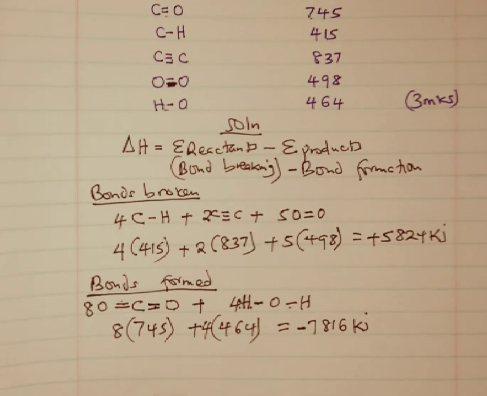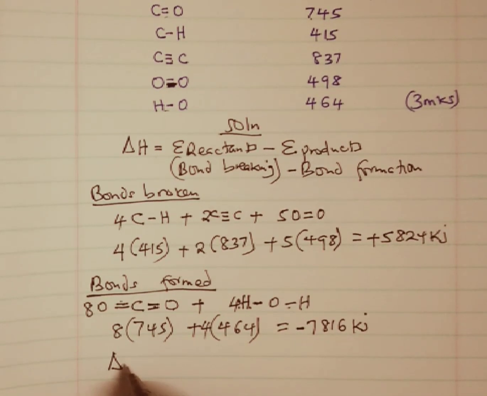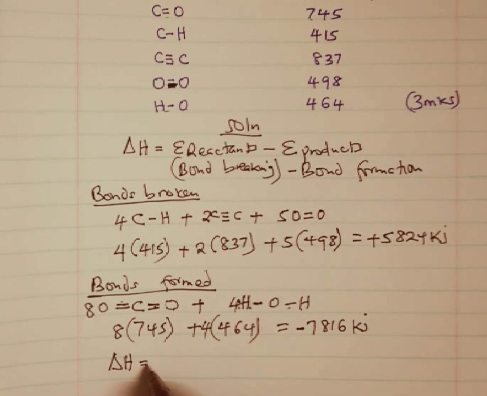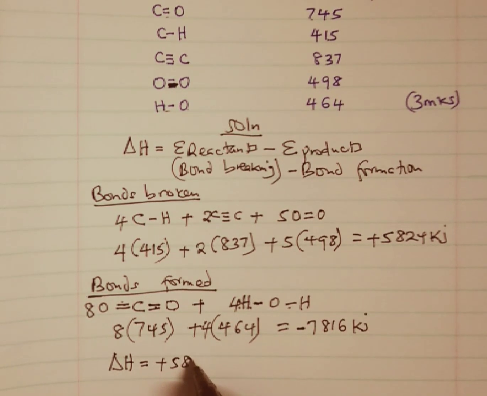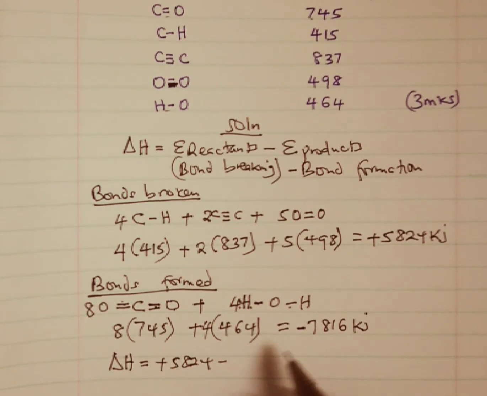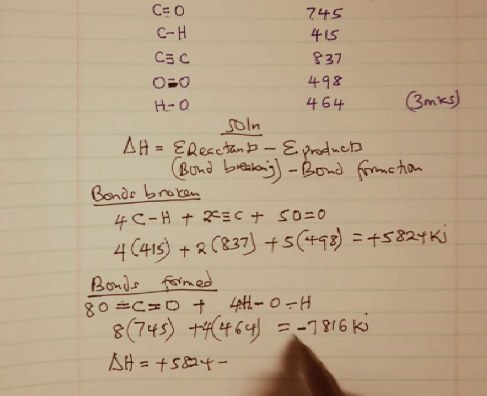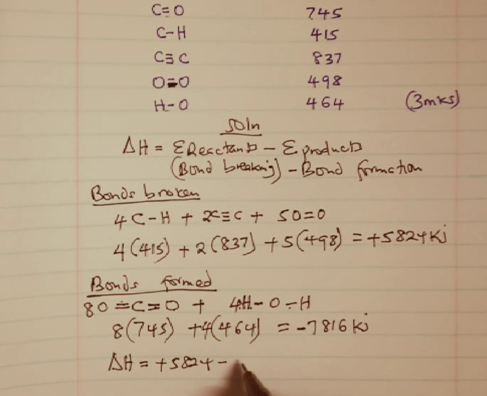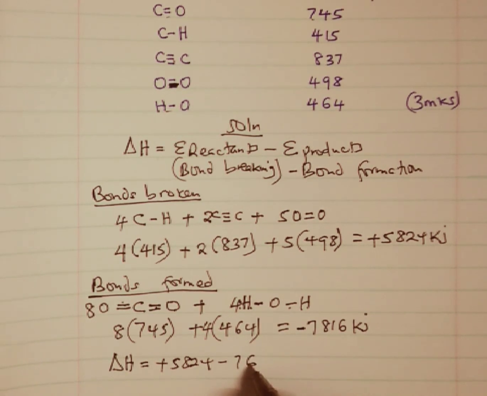In this case, to find the enthalpy heat change of this reaction, we take the positive 5824, and we minus the overall heat change for the bond formation, which is 7816.